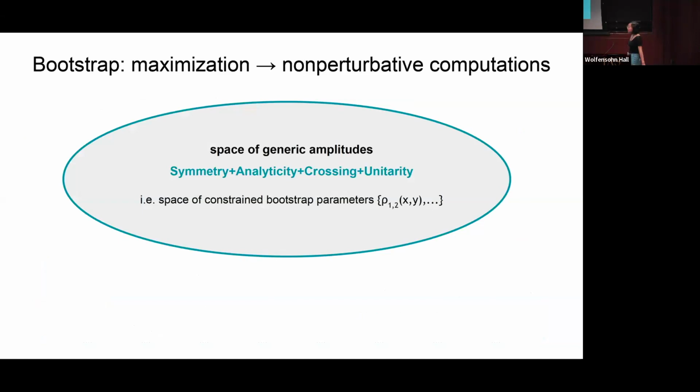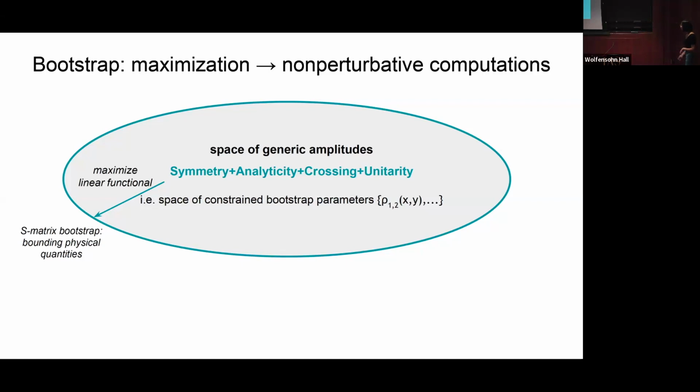So the modern perspective is the following. We have a space of generic amplitudes satisfying these consistency conditions, which you can also think of as a space of constrained bootstrap variables. And we can then start from a setup that encodes all these conditions, maximize some linear functional of the bootstrap parameters to reach the boundary of this allowed space of amplitudes. In the S-matrix bootstrap program, this functional is usually chosen as some physical quantity that one wishes to put a bound on.